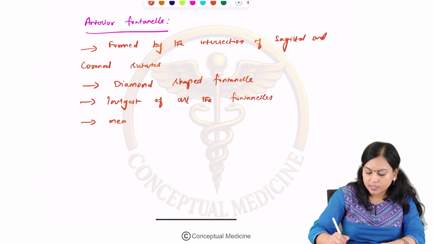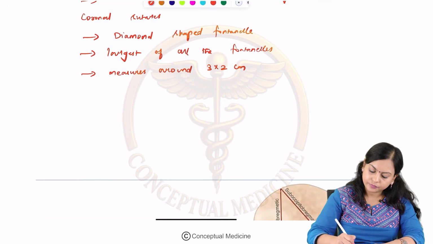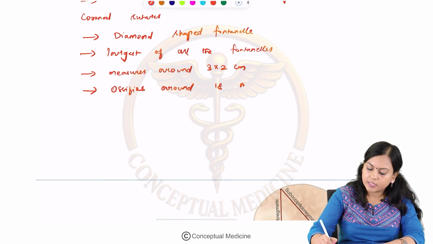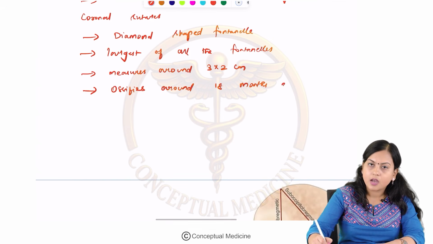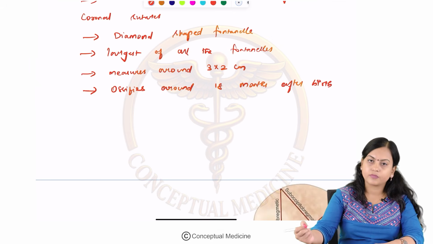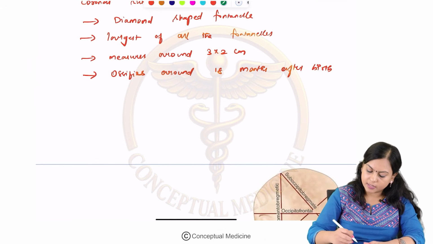It measures around 3 cross 2 centimeters, and this usually ossifies around 18 months after birth.